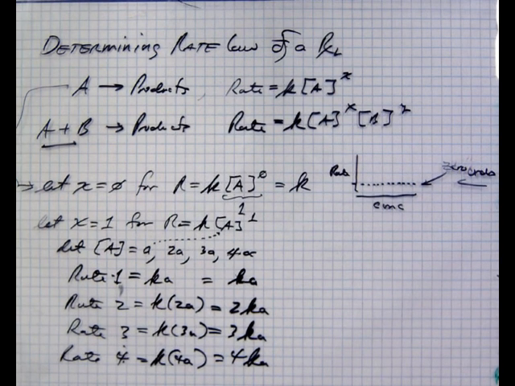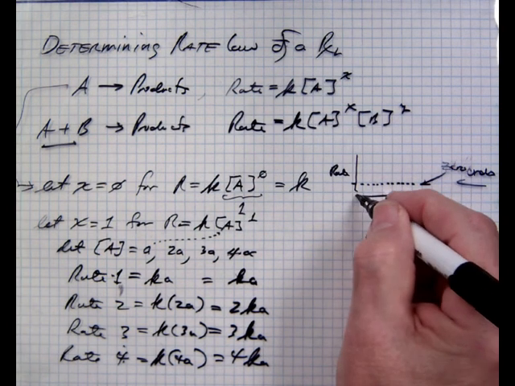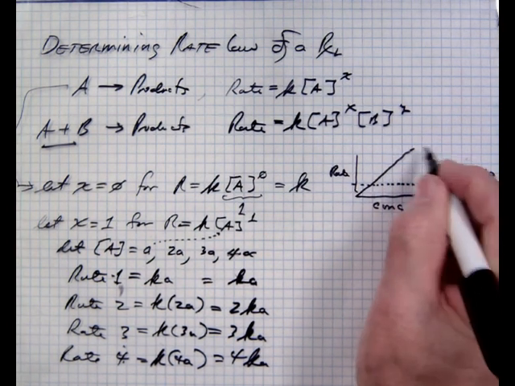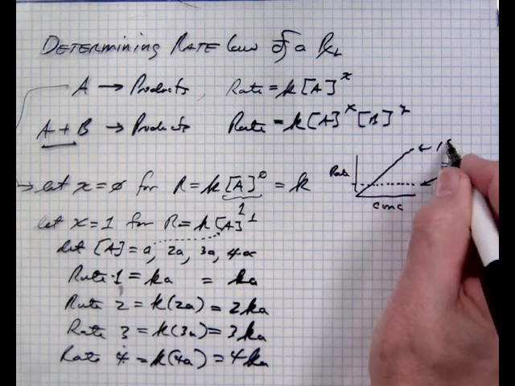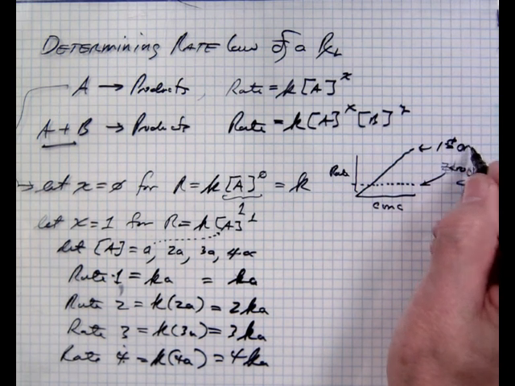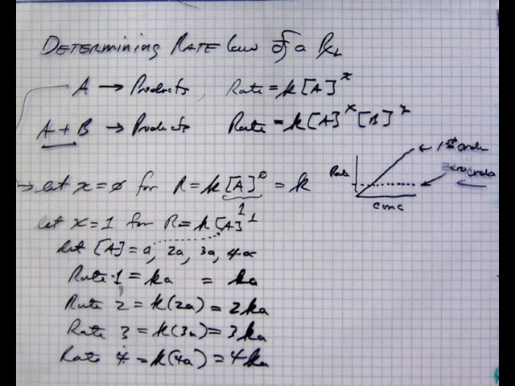When you see that changing trend in rates, you have to do it experimentally. You assign a first order, and that will be the linear trend. So you would put a 1 into the empirical rate law.